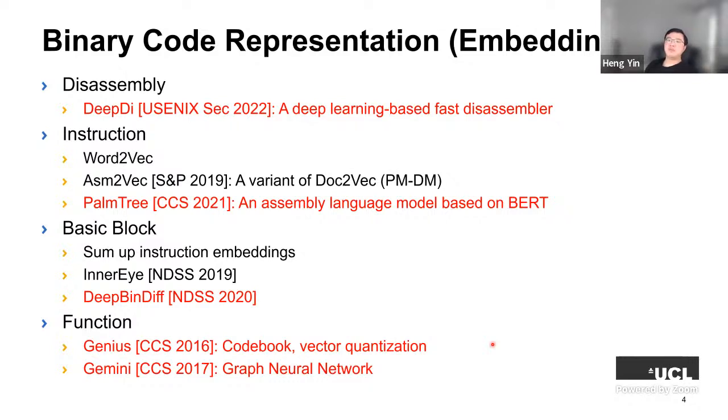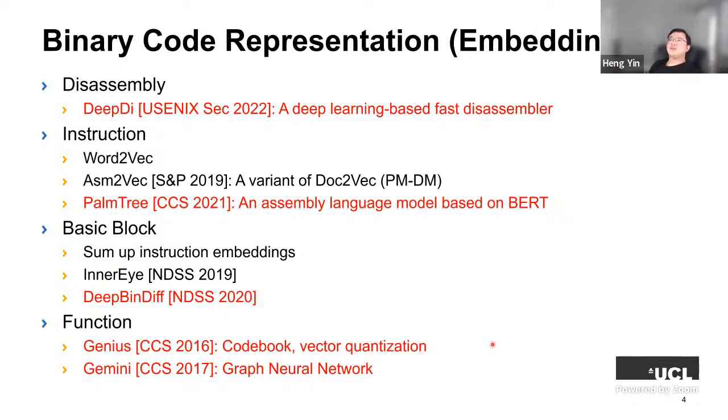We had a paper called DeepBinDiff, published in NDSS 2020, which essentially does what I just said: it learns a context-aware basic block embedding for binary code diffing.